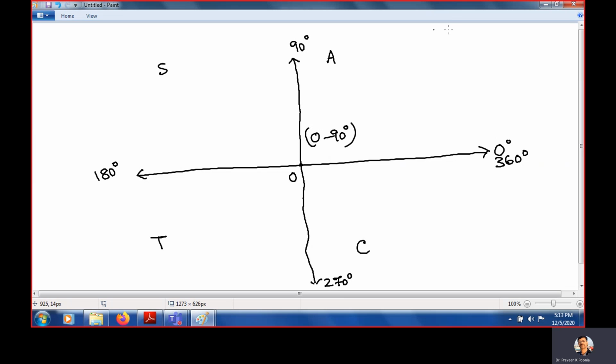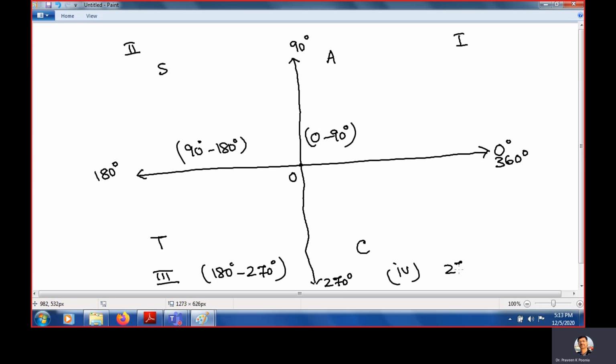This is the second quadrant and it is 90 to 180 degree. This is the third quadrant and it is 180 to 270 degree. Clear? Just remember this. And this is the fourth quadrant and it is 270 degree to 360 degree.